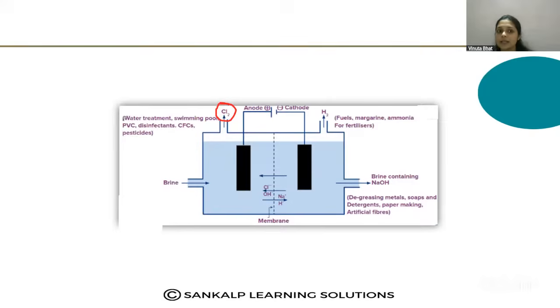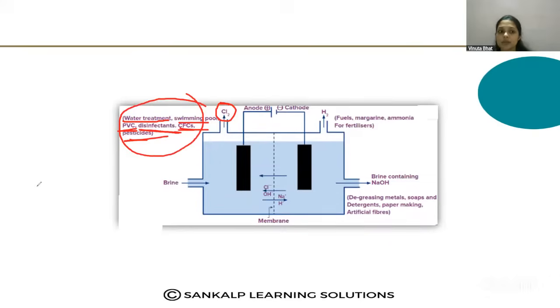Okay, so chlorine is used for water treatment, in swimming pools, and for PVC, disinfectants, CFCs and pesticides. So the production of pesticides, CFCs and disinfectants all happens using this chlorine.